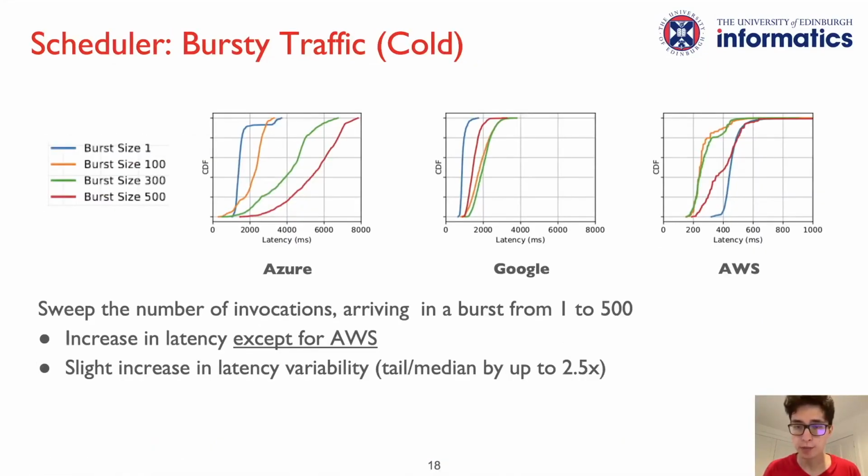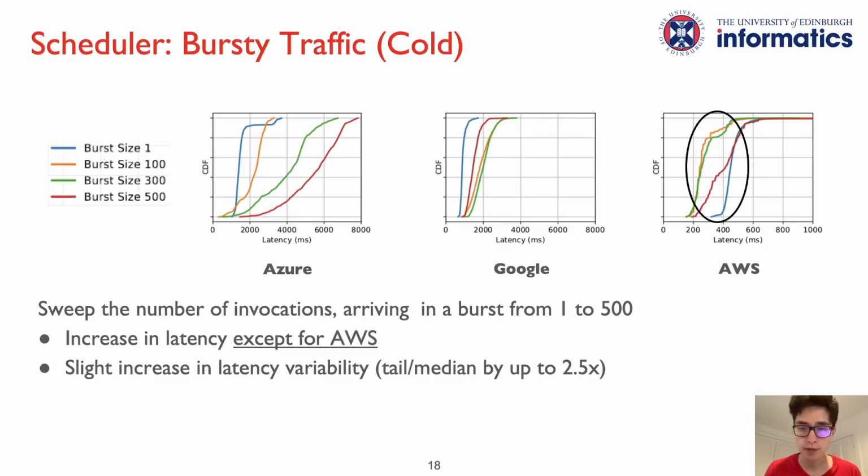We now investigate the behavior of serverless clouds in the presence of bursty function invocations, varying the number of invocations in a burst. We notice an overall increase in latency as the burst size increases, which is most pronounced for Azure compared to Google and AWS. Moreover, we notice that for AWS, the response time actually decreases with large burst sizes, which is counterintuitive.